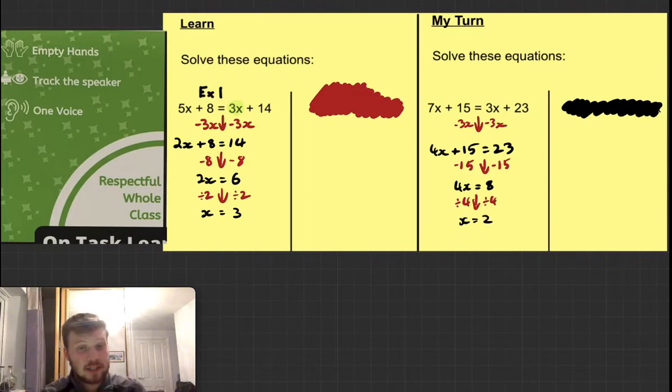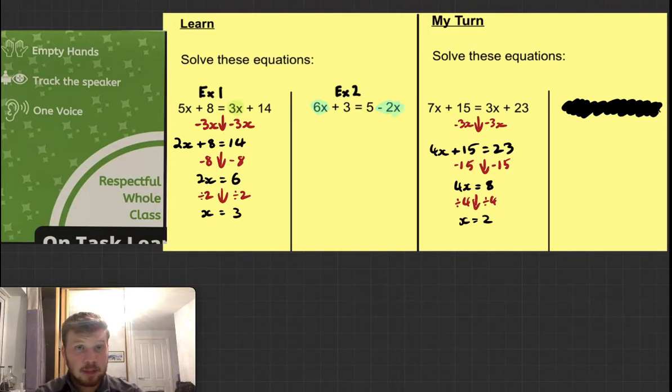Now, when we did this in class, this is a type of question we focused a lot on. I just wanted to show you because we're now going to move on to the next example, which is one we didn't have enough time to look at. So, what we should notice is now I've got a positive x value and a negative x value.